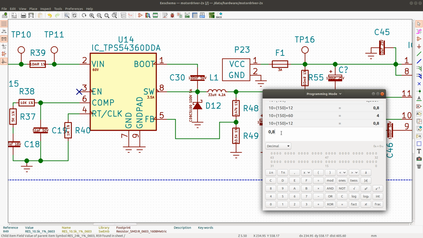So we get 0.8 volts across this resistor, and the current that will flow then, I mean, this is going to be in the order of microamps, because if we have a current of 3.5, or let's say we have 4 amps here, and if we have the voltage across here of 12 volts, then we can have 12 divided by 150,000.